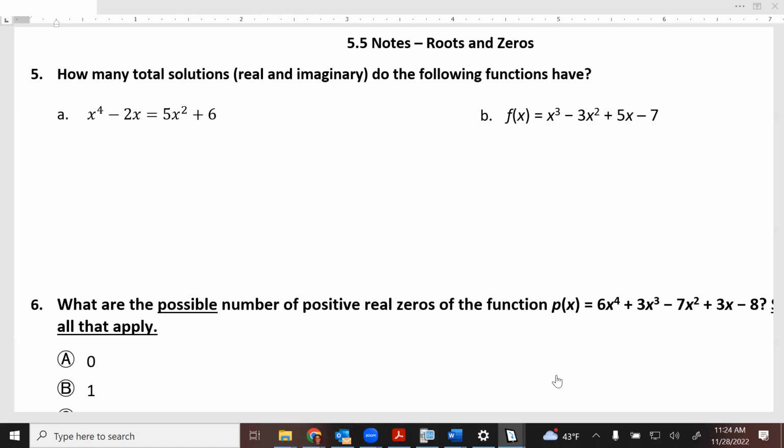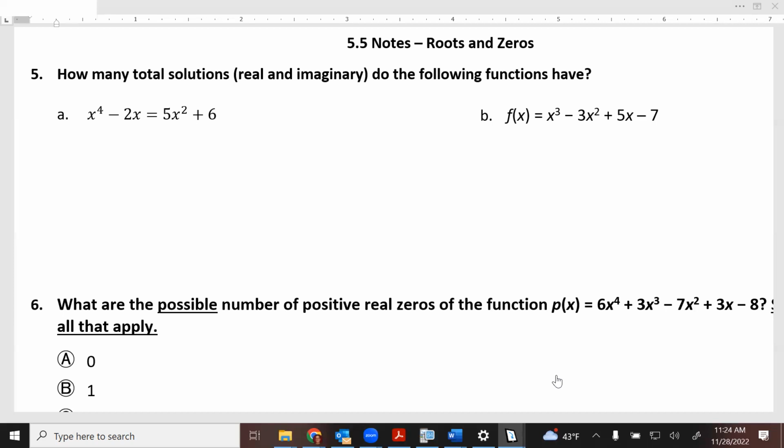When I use synthetic substitution, I can evaluate when x equals 5 by doing synthetic division with this 5 here.